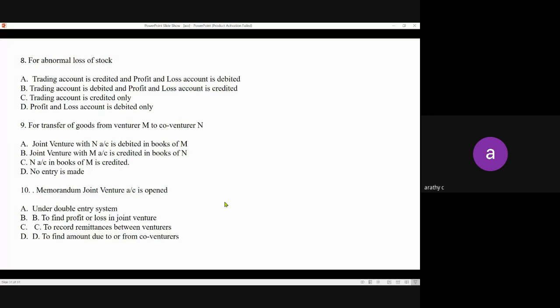The next question is, for transfer of goods from venturer M to co-venturer N, then the option A, joint venture with N account is debited in books of M. Joint venture with M account is credited in books of N. N account in books of M is credited.